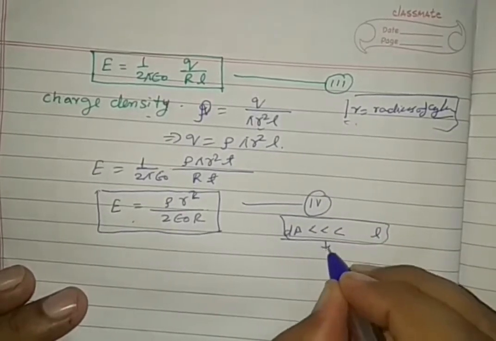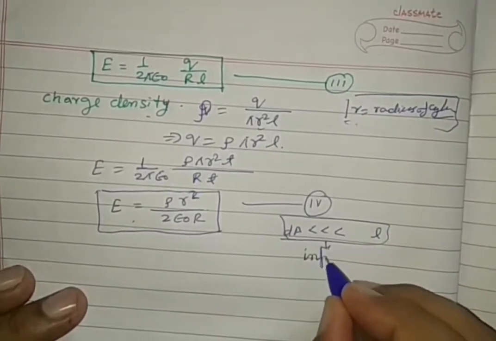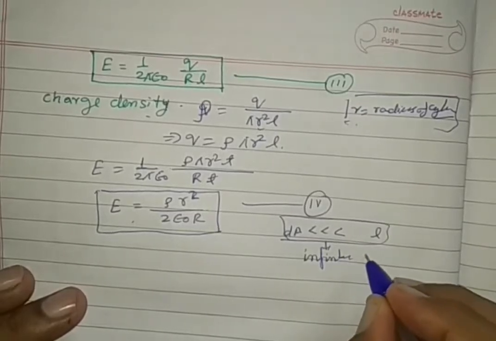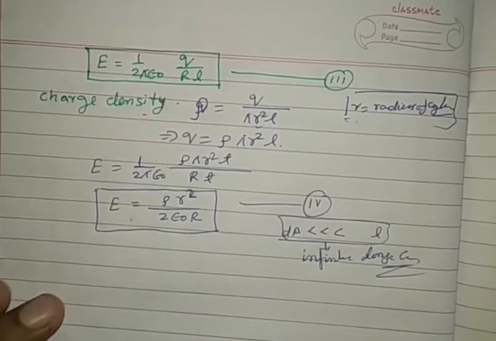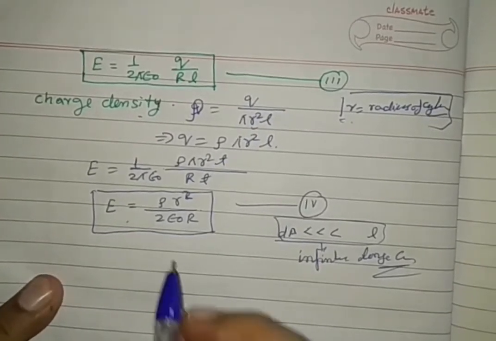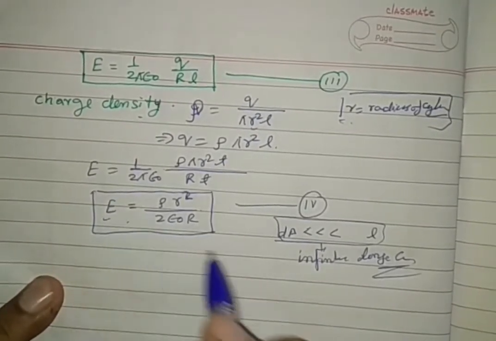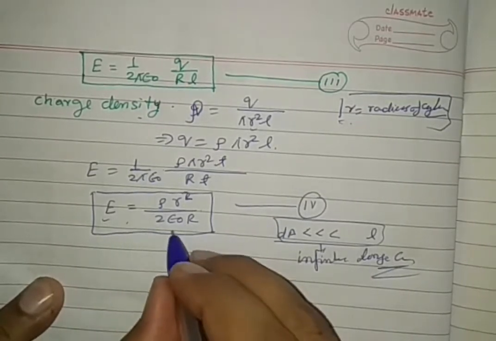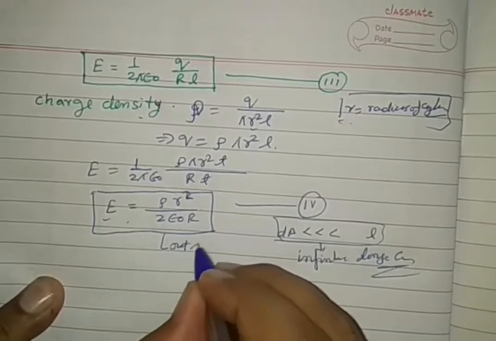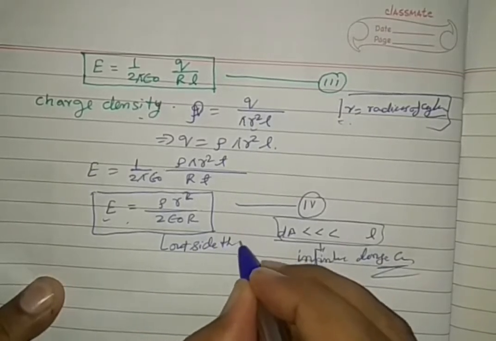That is why it is considered an infinitely long cylinder. Now see very carefully. This formula is applicable only when the electric flux passes through a Gaussian surface outside the cylinder.